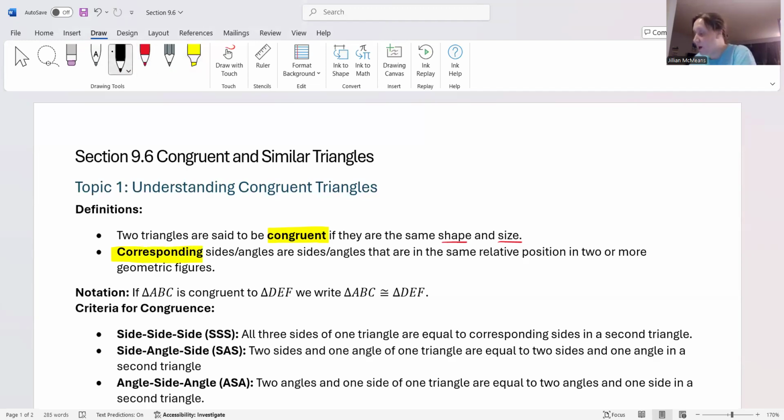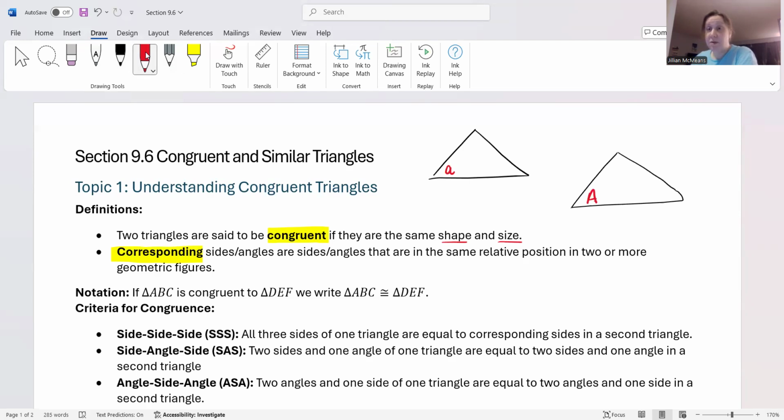So if this is triangle one, and I'm going to draw them where they look basically the same just because I'm not creative enough. And then this is triangle two. Let's say I labeled this angle little a and this angle big A. Well, they're in the same spot. They're in the same location from one triangle to the next.